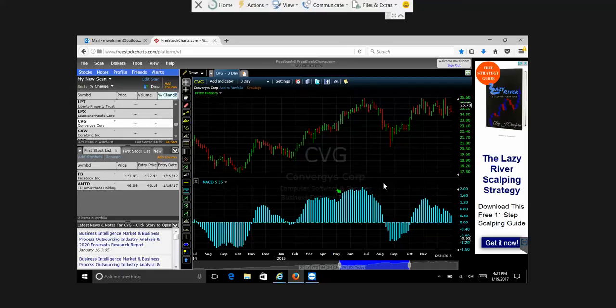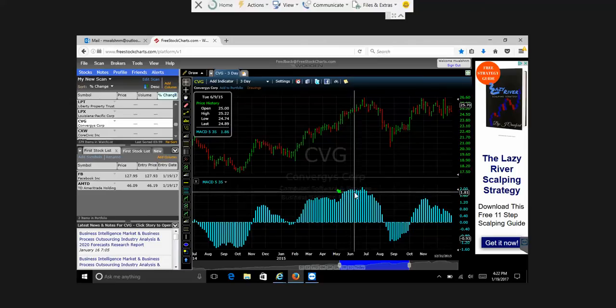But the key is, see how this peak is the highest of the high? It definitely is higher than the 1.52 here. Then we're just going to wait for a reversal. Boom. Enter the trade at $25.